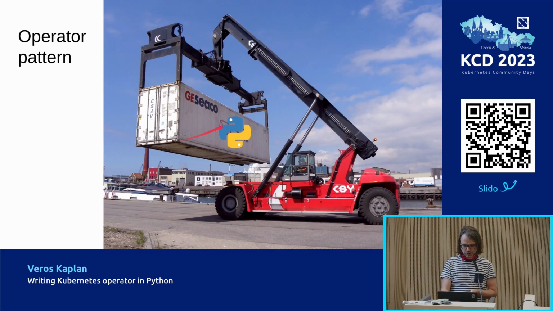So, for the people who weren't present in the morning, the operator concept, the operator pattern, works like in an image. I would like to run some container with Python. It's here.